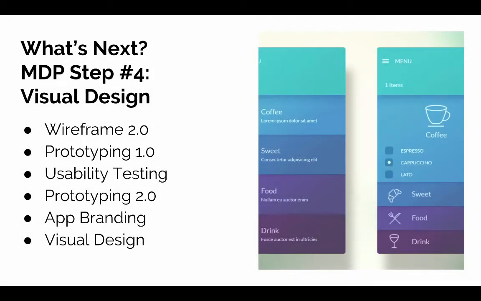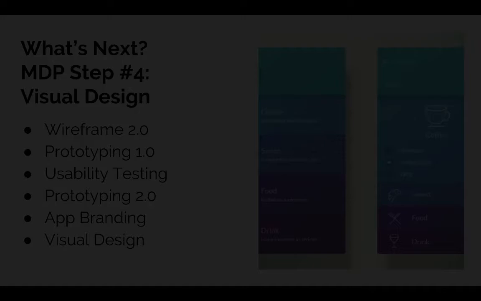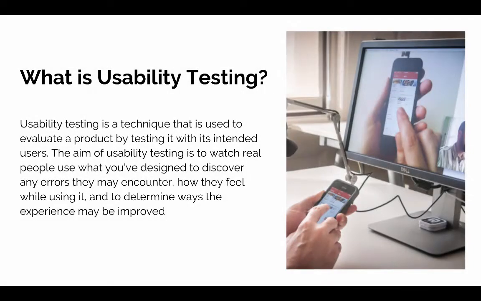With mobile design process steps 1 to 3 under your belt, you're almost ready to dive into branding and visual design. But before you do that, you'll have to digitize your wireframes, create a prototype, and complete at least 2 usability tests. So, what is a usability test?